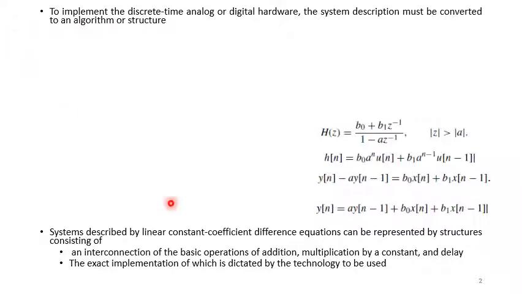So the system will be linear and time invariant. This equation can be generalized to the nth order, and you will see that we have different implementations for this equation.